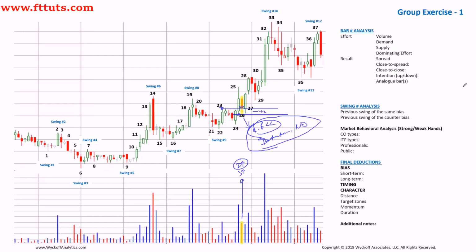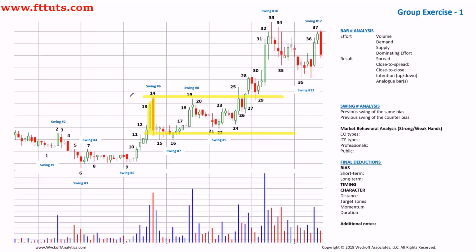Now, think of this concept in a different way. Think of this concept as the value zone where institutions are buying, right? So even though the weak hands, institutional hands, might be buying on bar number 13, bar number 13 and bar number 14 define that value zone for us for this particular structure.